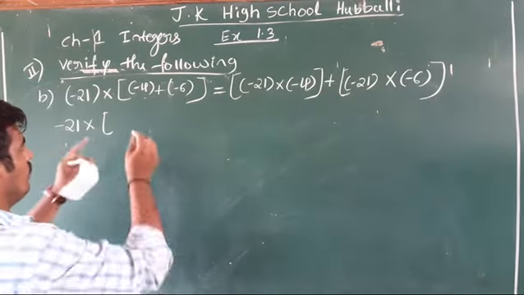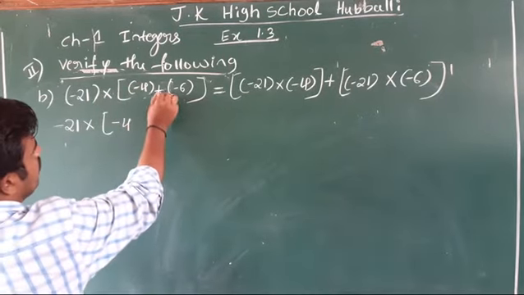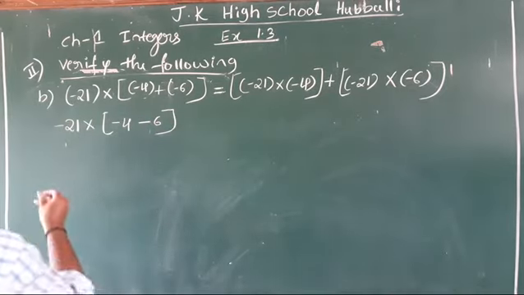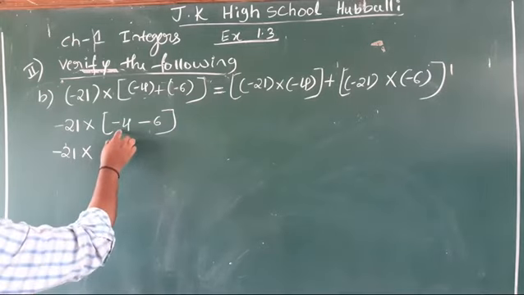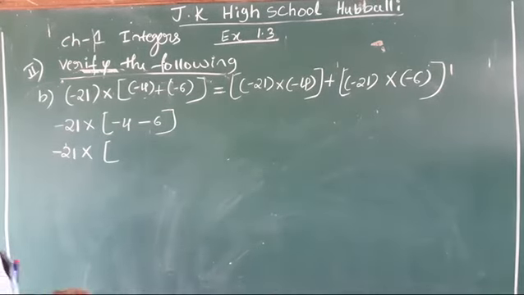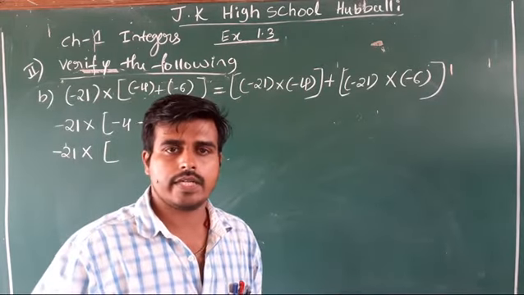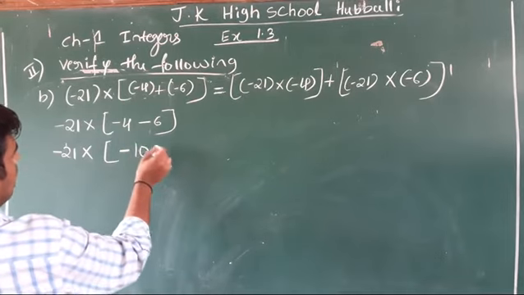Inside, you open the small brackets: plus into minus, minus 4, plus into minus, minus 6. Now minus 21 as it is, into as it is. Minus 4, minus 6. Both signs are negative, the same, so addition will take place. 6 plus 4 will give you 10, and the greater number sign.